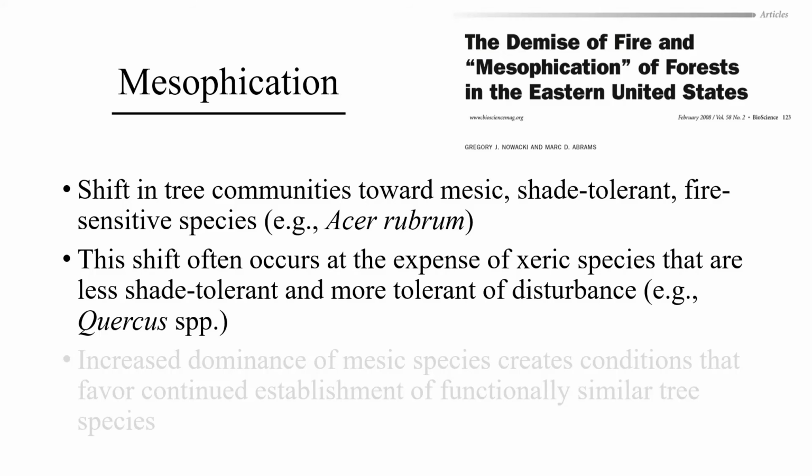I'm going to use that term a little more broadly, for simplicity, to relate to the overall functional change. But essentially, mesophication is this shift from more xeric to more mesic species. It refers to a suite of processes that are interlinked with this compositional shift, creating conditions that promote the continued establishment of these mesic species.